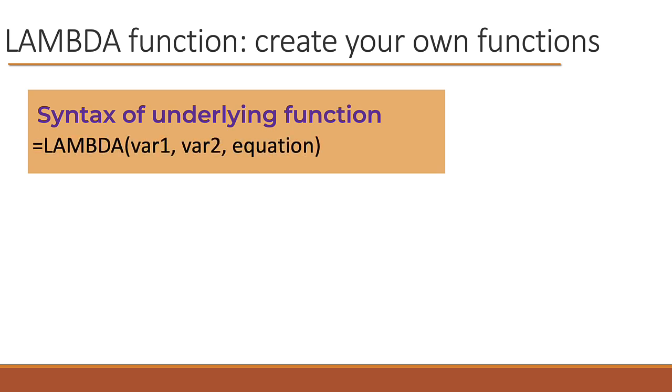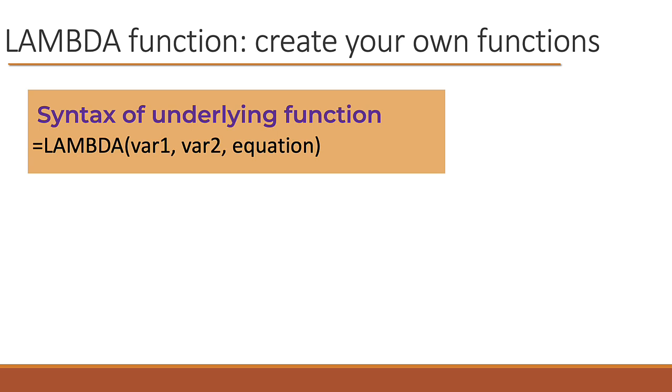The syntax is equals LAMBDA, and then in the parentheses you put in as many variables as you need. I just put in 2 here to make it easy to see, but you could have as many as you want, separated by commas, and then at the end you put in the equation that's going to use those variables.